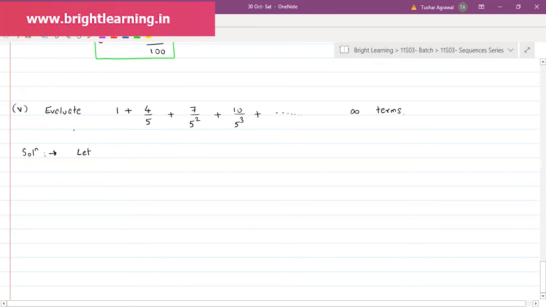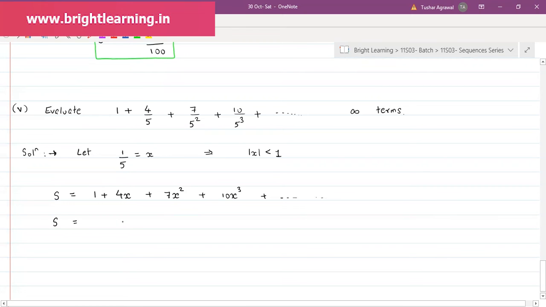Okay, see. Let 1/5 equal to x. Yes or no? Yes, sir. Now, the sum of the series that he's asking is 1 plus 4x plus 7x square plus 10x cube and so on.